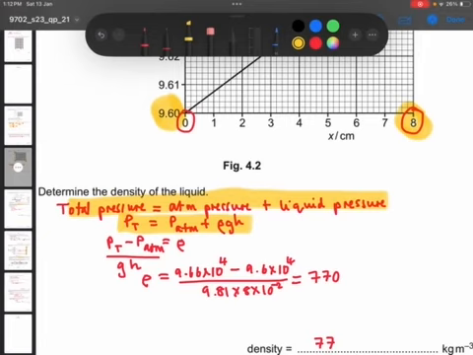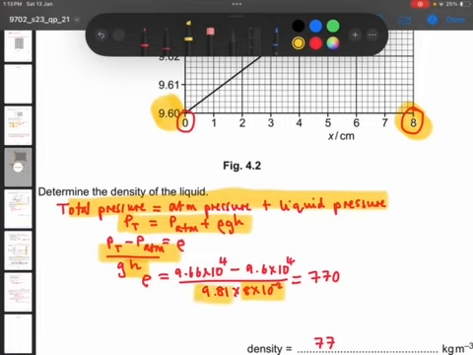Now we make rho the subject of the formula by taking the atmospheric pressure to the other side and dividing by GH. So we now have rho, and we substitute into the equation. For example, when x is 8, then h is 8, so our h will be 8 times 10 to the power of minus 2, because it is in centimeters and we must convert it to meters.